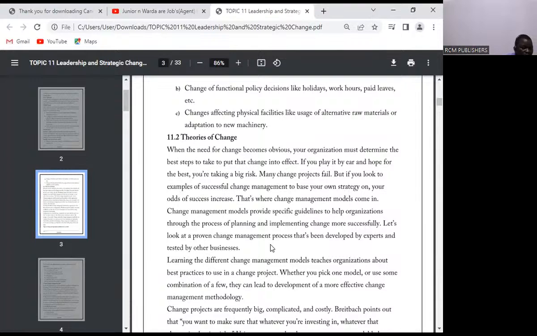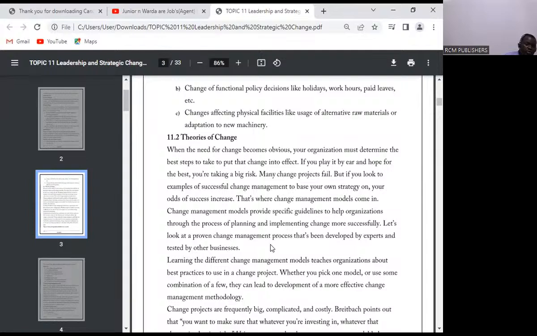Change management models provide specific guidelines to help organizations through the process of planning and implementing change more successfully. So it gives you a guide on a step-by-step basis on how you can fully implement the change. So change models are just a tool.